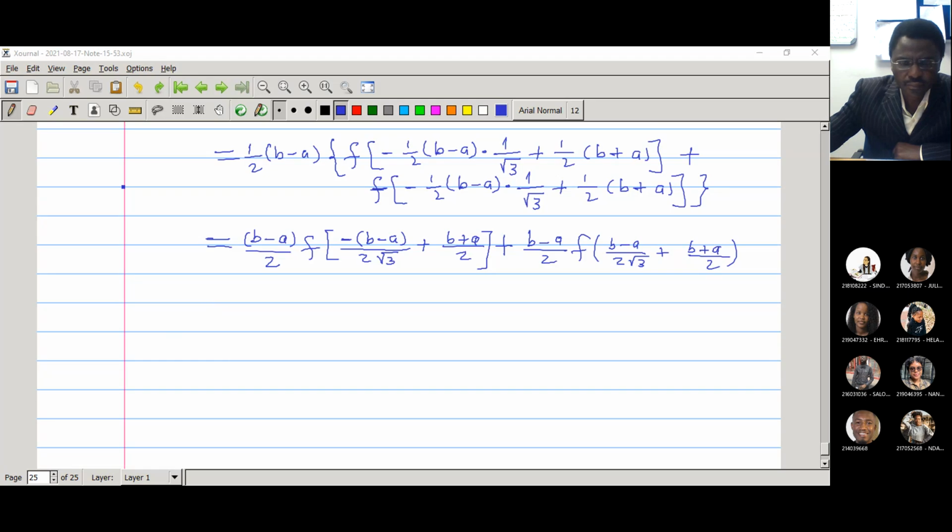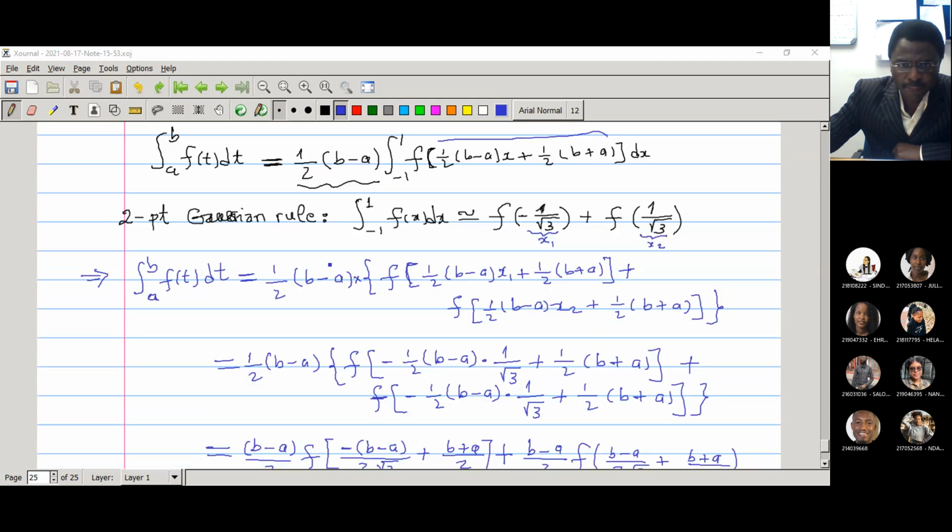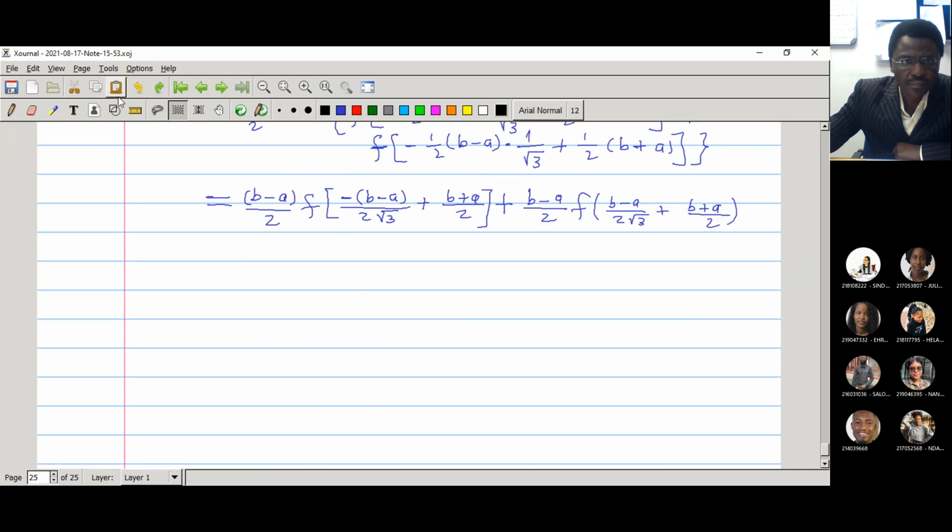What I'm saying is that if in this formula I let x equal to 0, if I substitute x equal to 0, what do I have?